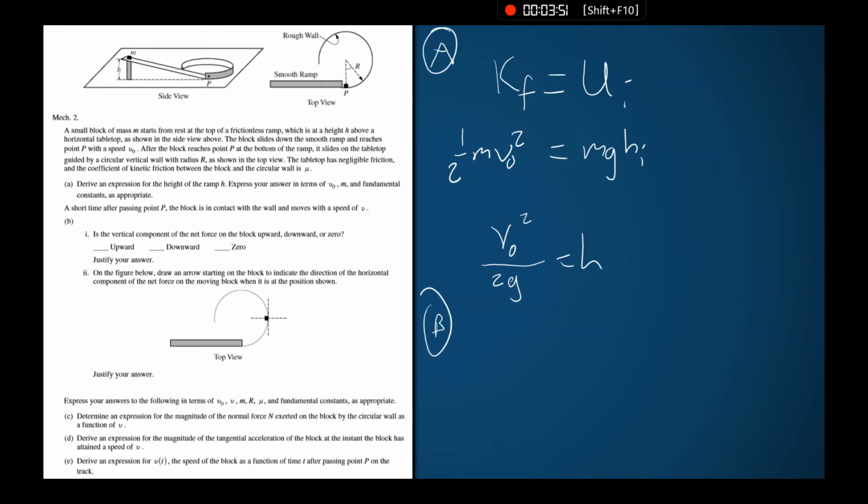And part B. A short time after passing point P, the block is in contact with the wall and moves with speed v. Is the vertical component of the net force upward, downward, or 0?